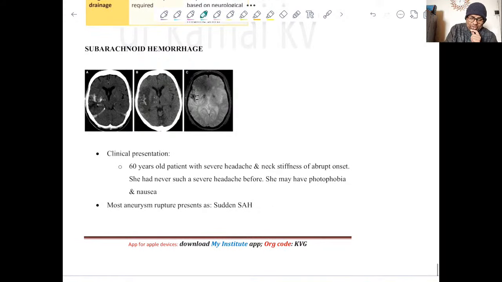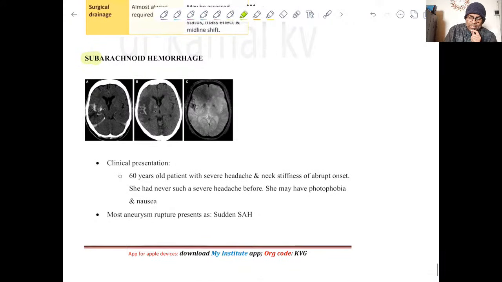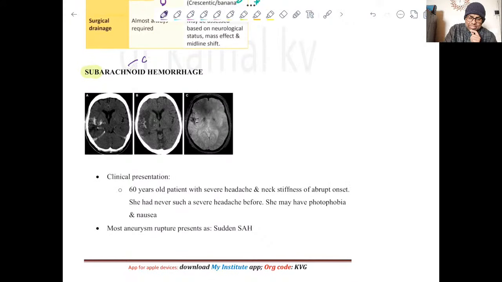Then subarachnoid, right? Here we know that in subarachnoid space there is CSF. So whenever there is subarachnoid hemorrhage, the blood will go and it will mix with CSF. So if you do a CSF study by doing lumbar puncture, you will find blood mixed CSF. Clear? So that's very important.